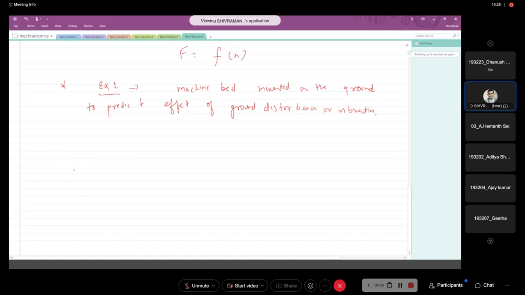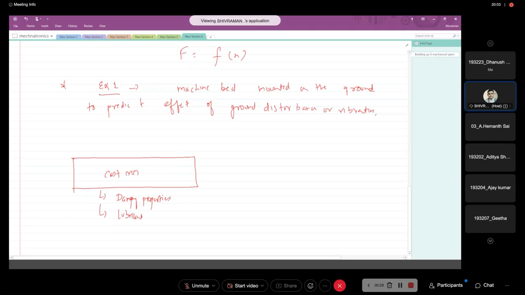So if you talk about your machine bed, let's consider your lathe machine. Your lathe machine bed is made up of cast iron. Why cast iron? Because cast iron exhibits very excellent damping properties. Okay, and cast iron itself has graphite flakes in it, which also act as a lubricant. So generally we use cast iron for machine beds, especially for its good damping properties.